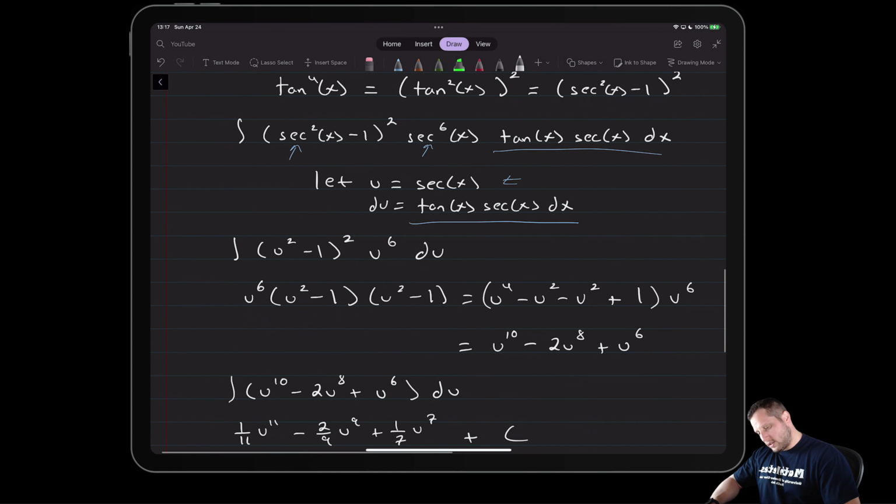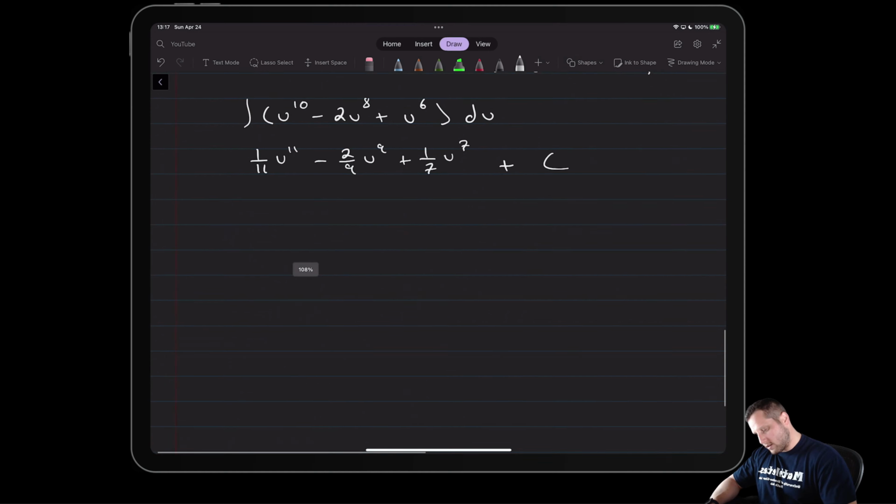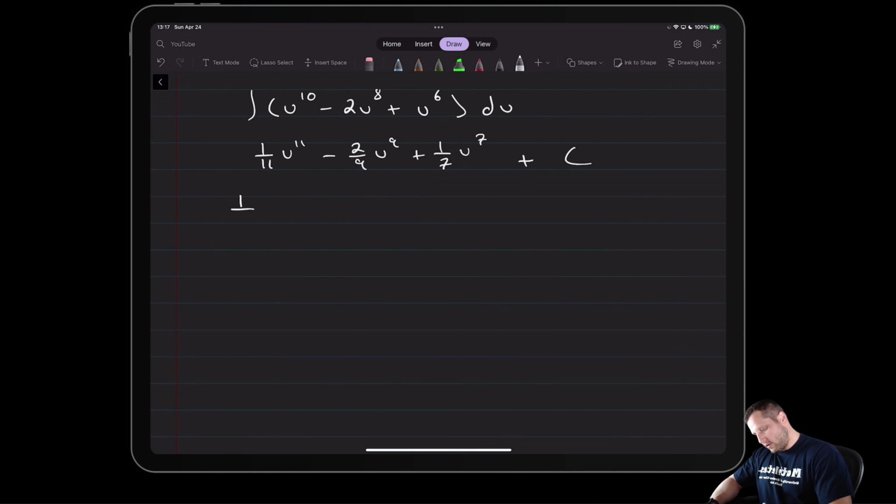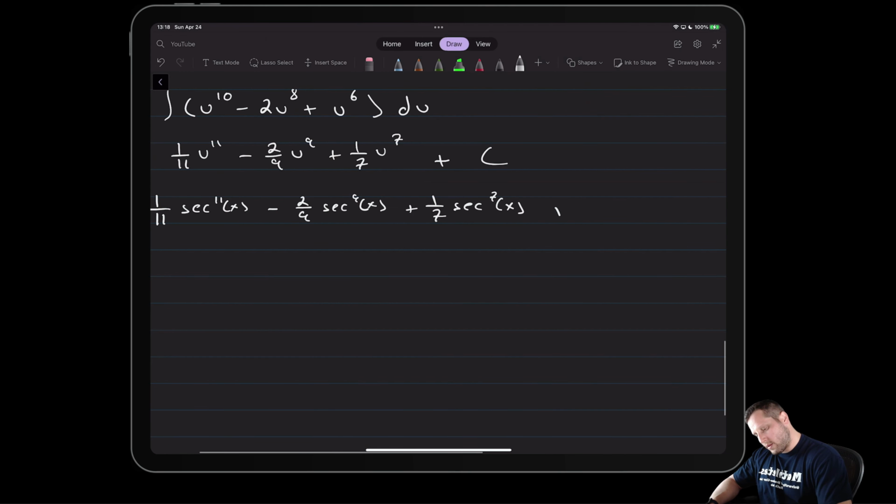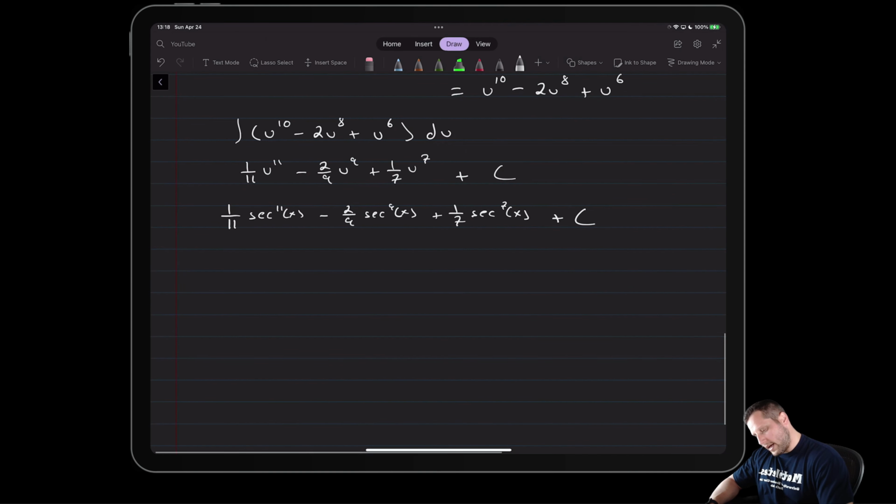Now our u is equal to secant x, so we just go back sub that in, and we have 1 over 11 times secant to the 11th of x minus 2 over 9 times secant to the 9th of x plus 1 over 7 times secant to the 7th of x plus c. And this will be your result for the second integral.